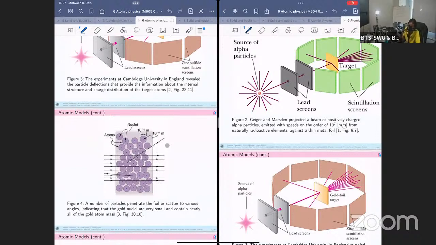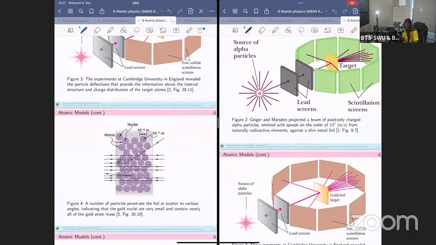This is the deviation direction, this is the reflecting way. A number of particles penetrate the foil and scatter to various angles, indicating that the gold nuclei are very small and contain nearly all of the gold atom mass, right?